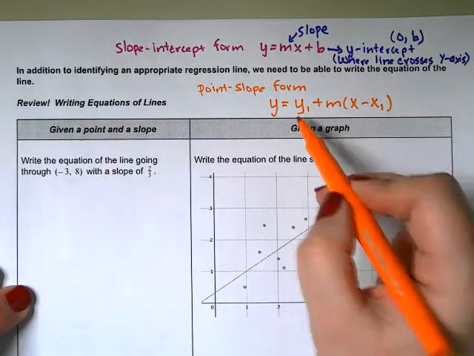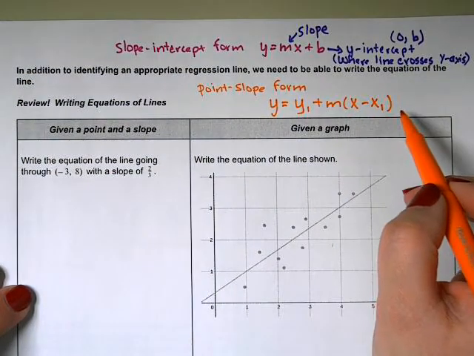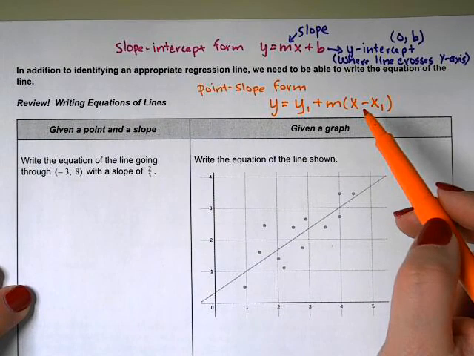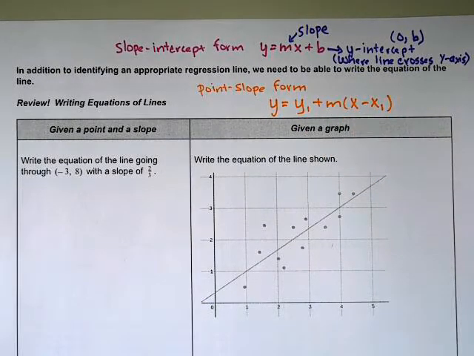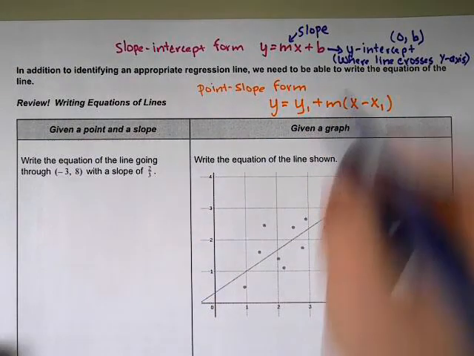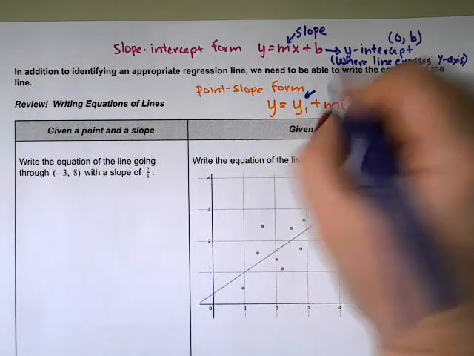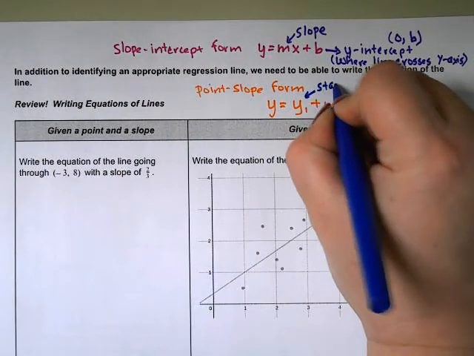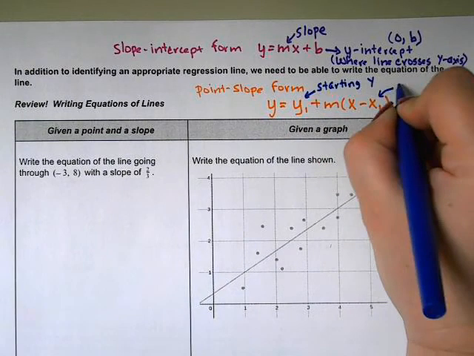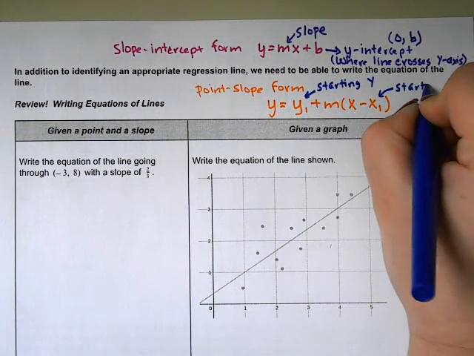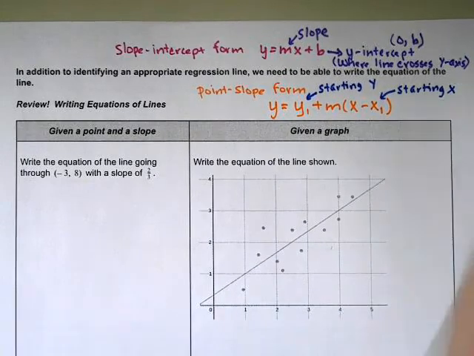And I know some of us put the y1 at the end. It doesn't matter. You can write it either way. The point here is that we need to make sure that we've got our starting point, which is that x1, y1. So this is our starting y value. This is our starting x. And then that m is our slope still.